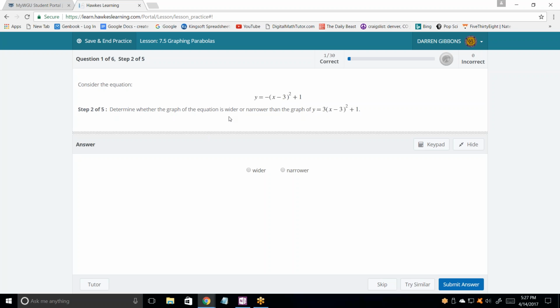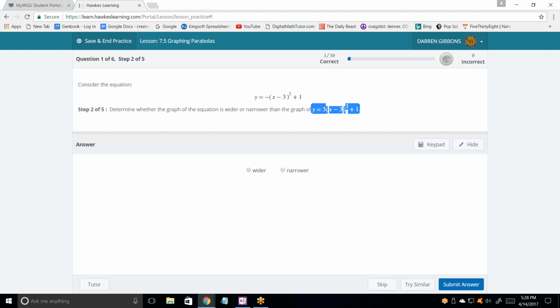So determine whether the graph of the top equation is wider or narrower than the bottom one. Well, it's got to be wider, because this 3 in the bottom makes it skinnier. That makes the top wider. Normally they would give you these the other way around. They would give you this bottom function and ask, what's the effect of the leading 3?